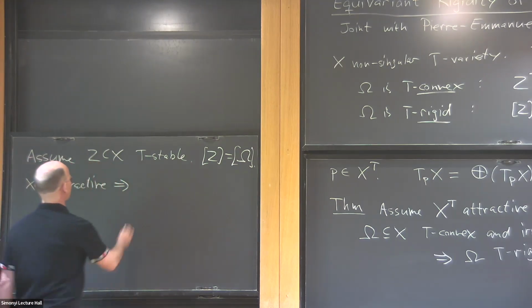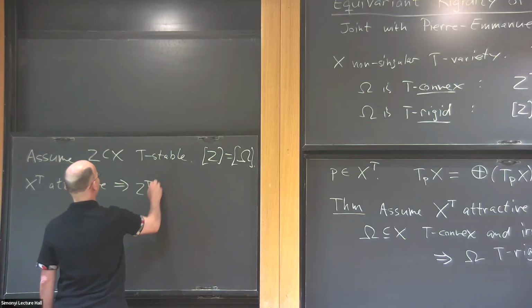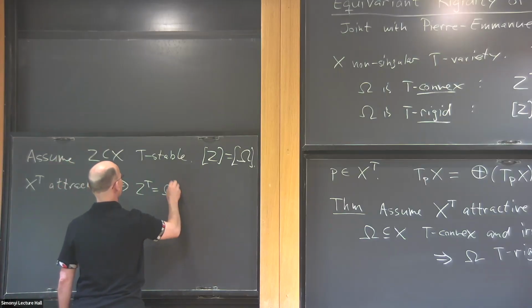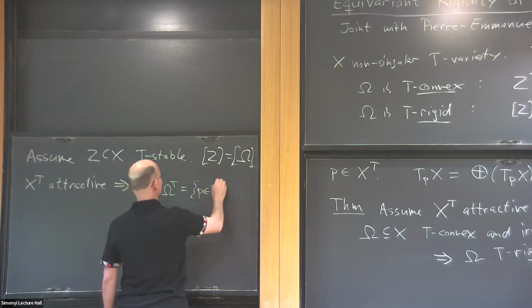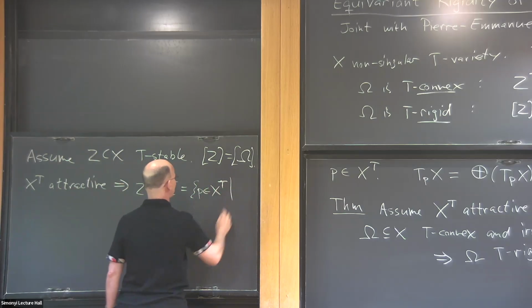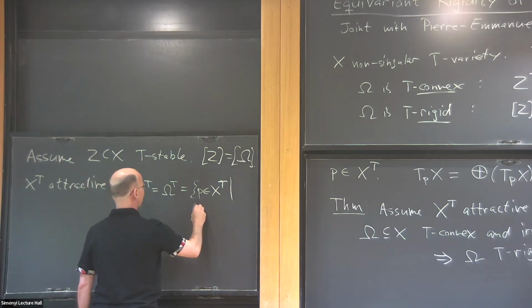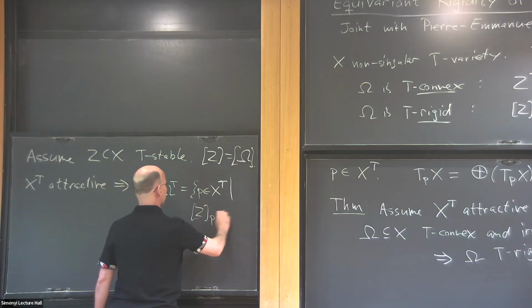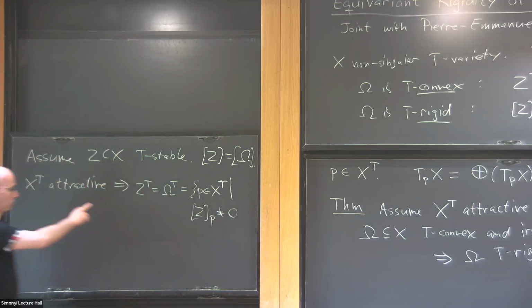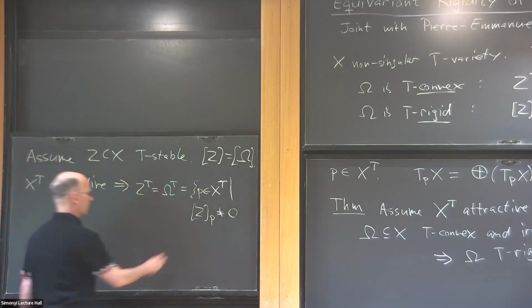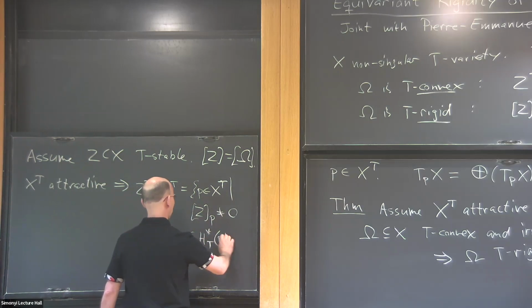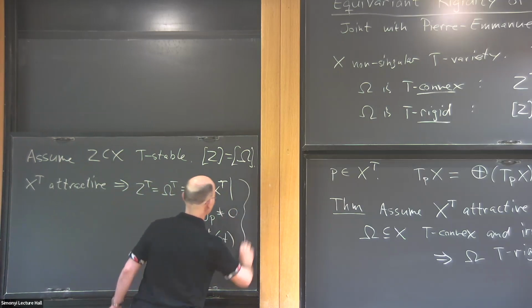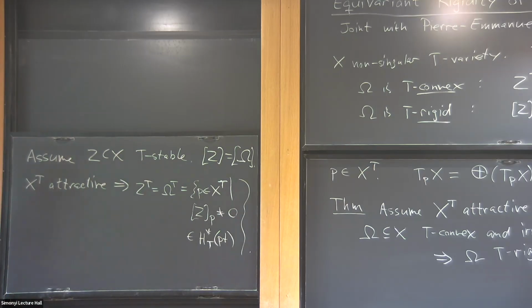That means that the T-fixed points of Z are the same as the T-fixed points of Omega. That's just the points for which this class has a non-zero restriction to P in the equivariant cohomology of a point. So they have the same fixed points.